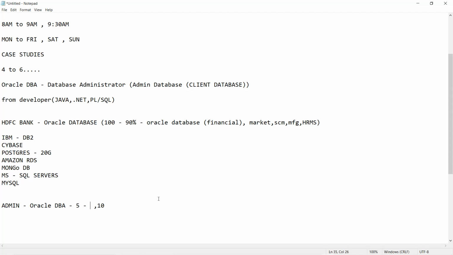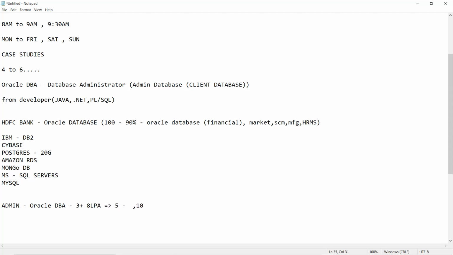So for example, I am giving only an assumption. You have joined right now with 3+ years of experience at an 8 lakhs package.